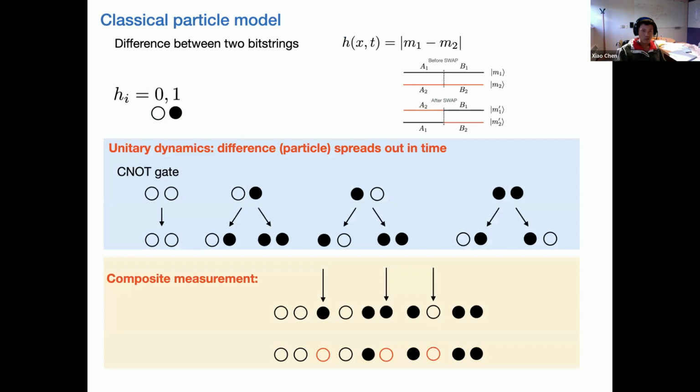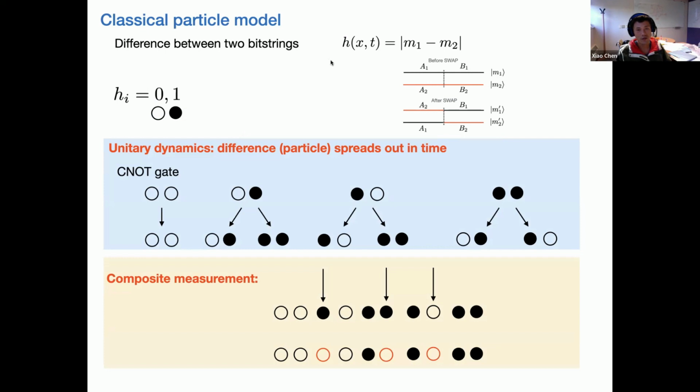As I said before, if we want to compute the second Renyi entropy, we need to consider the doubled space, the doubled wave function state. So we have m1 and m2 over here, and each of them is a bit string. Let's look at their difference. The difference can be considered as a particle, because it can be 0 or 1 at every site, two possibilities.